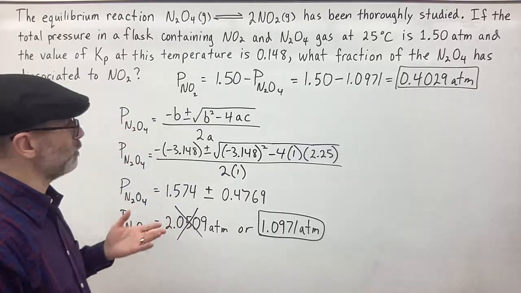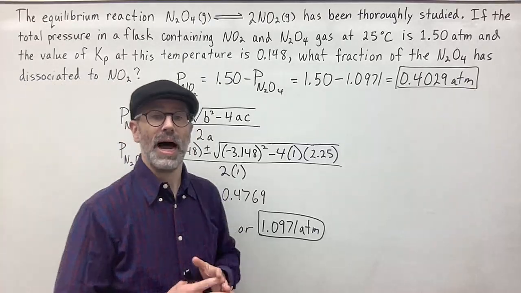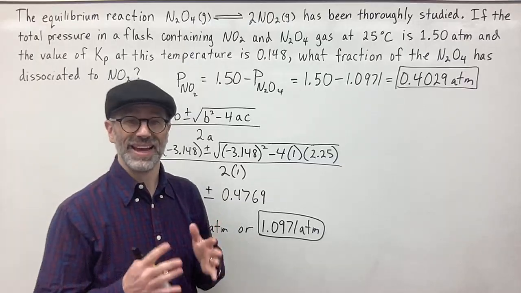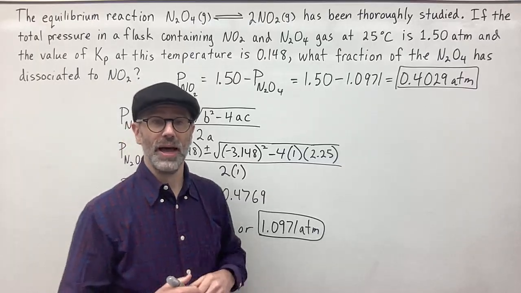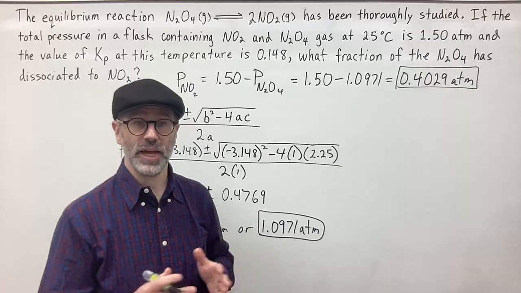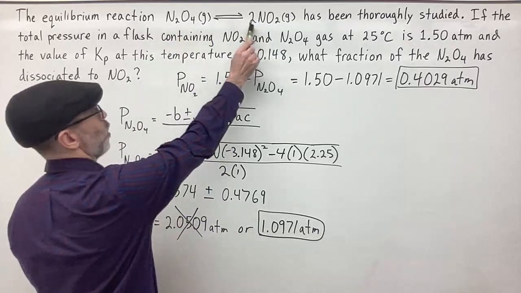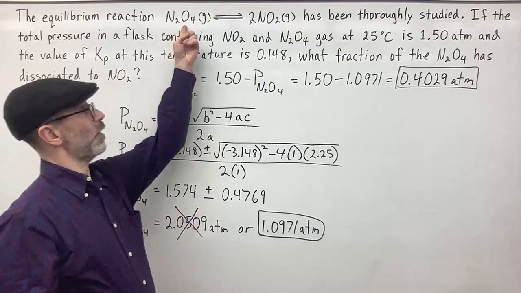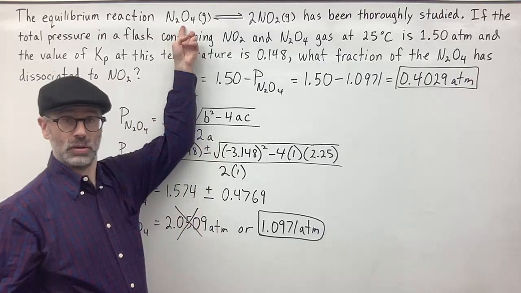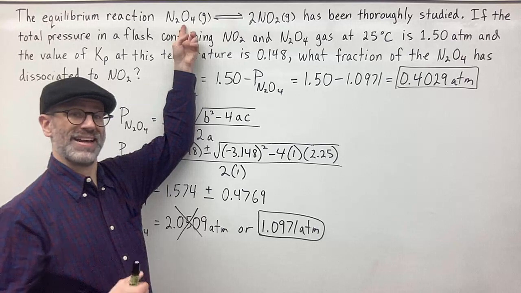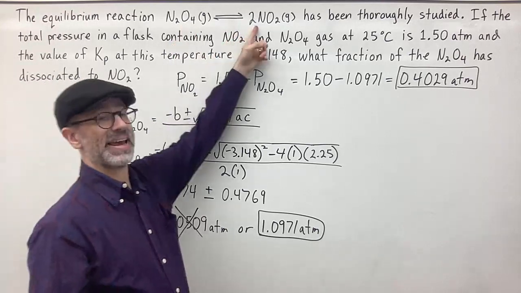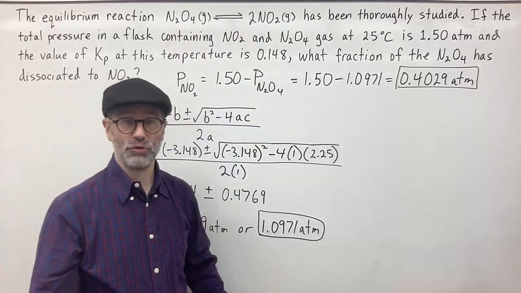So the next thing we need to do is figure out how much of the N2O4 has dissociated. If we look at the equation here, we notice there's a 1:2 ratio. So for every 1 mole of N2O4 that dissociates, you're going to create twice as much NO2.